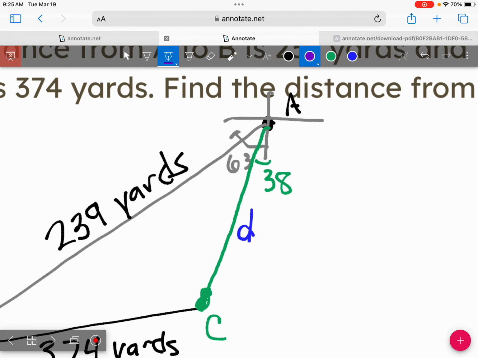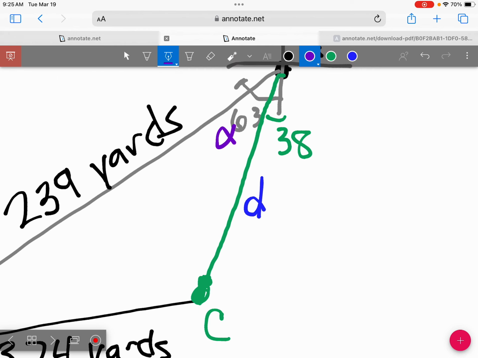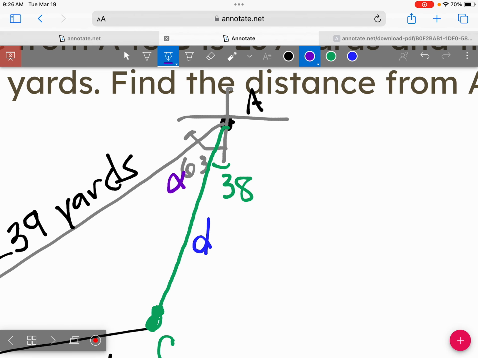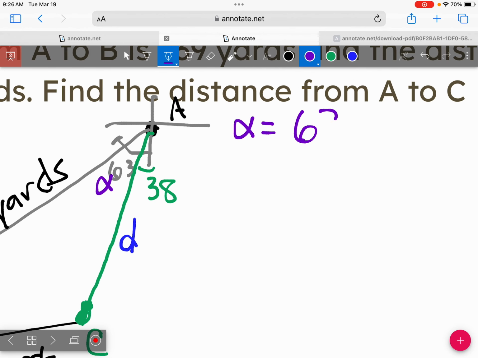Find the what? Say it again. I can hear you. Angle A. Let's figure out what alpha is, because I know that the left leg is 63 degrees away and the righter of the legs is 38 degrees away. So what is the measurement of the angle between them? It's the difference, right? So angle alpha is going to be 63 minus 38.